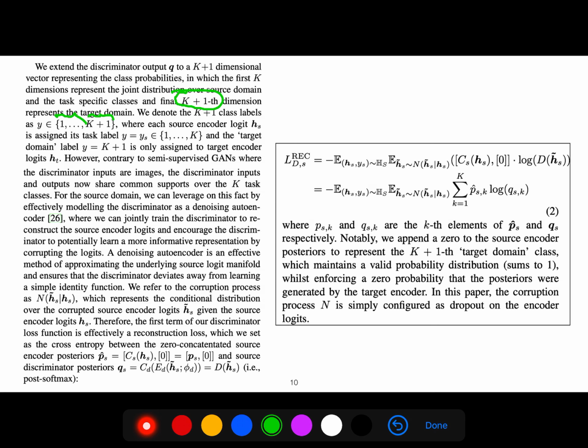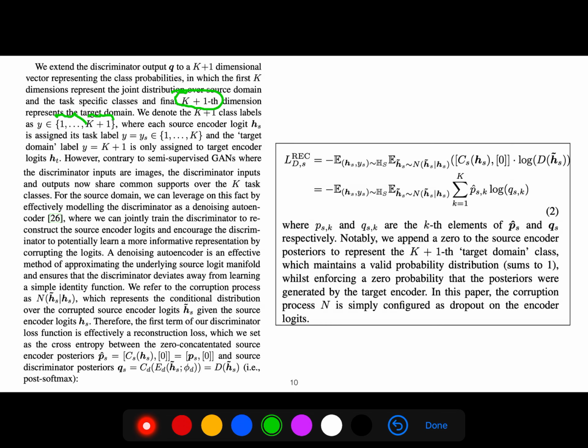However, contrary to semi-supervised GANs, where the discriminator inputs are images, the discriminator inputs and outputs now share common support over the k task classes. For the source domain, we can leverage this fact by effectively modeling the discriminator as a denoising autoencoder, where we can jointly train the discriminator to reconstruct the source encoder logits and encourage the discriminator to potentially learn a more informative representation by corrupting the logits.